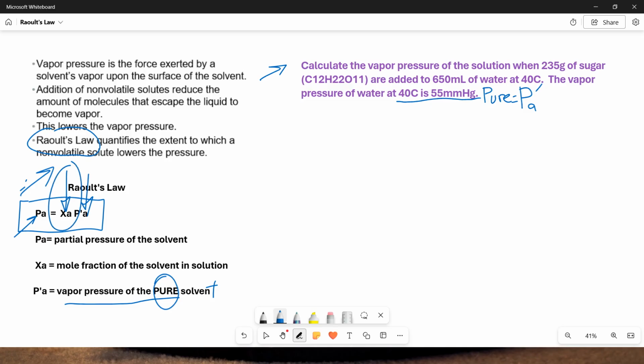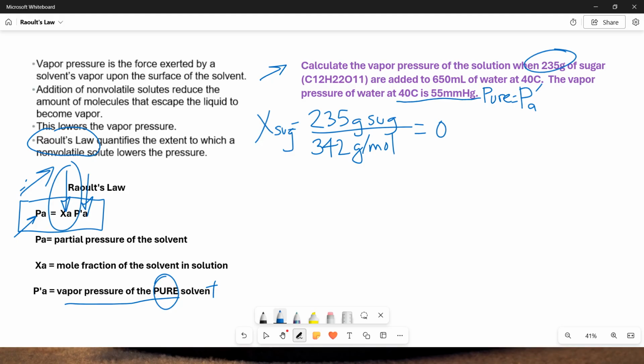So the first thing I'm going to do is find the mole fraction of the sugar, and that is going to be the 235 grams that they give us of the sugar divided by its molar mass off the periodic table, which is 342 grams per mole. Real quick, I'm going to add up 12 carbons, 22 hydrogens, and 11 oxygens on the periodic table, and I'm going to get 0.687, and that's going to be of sugar.